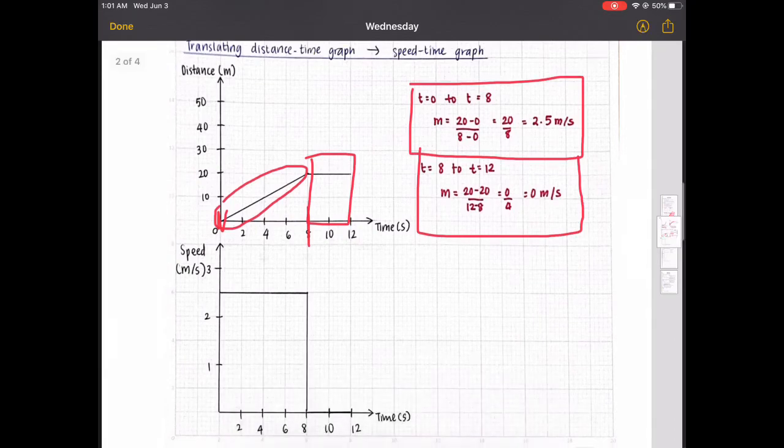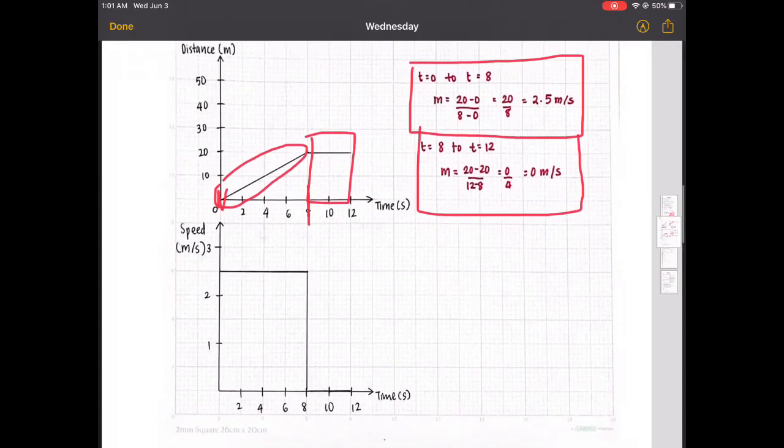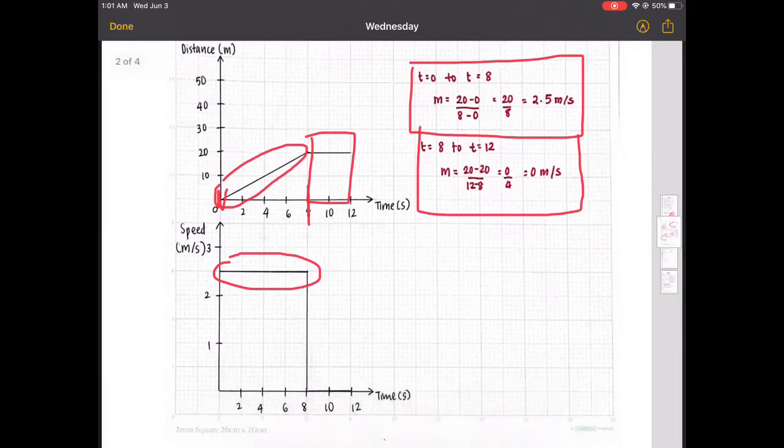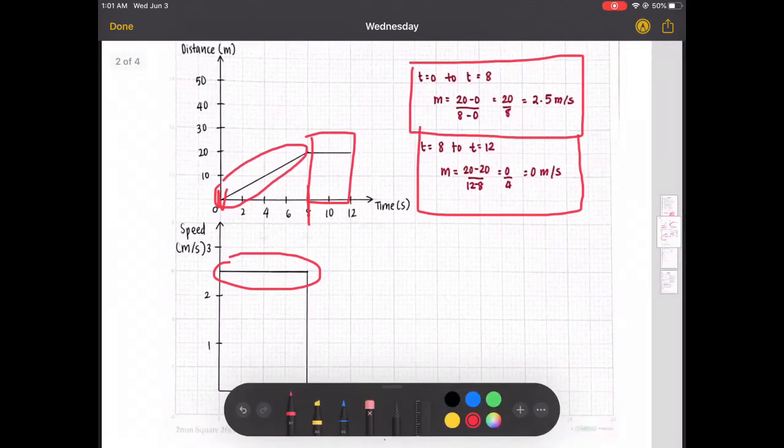Then you will translate this into a speed time graph. Since it's a straight slope, you will simply have a flat line because it is moving at a constant speed. And when you have a zero speed, 0 meters per second, it will be a flat line at the bottom.